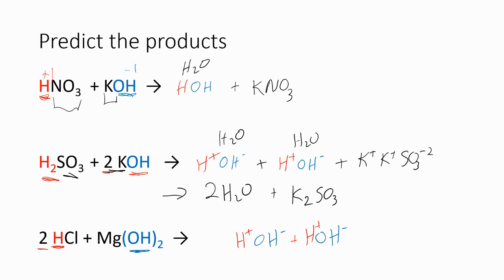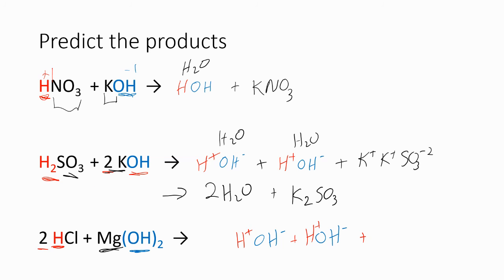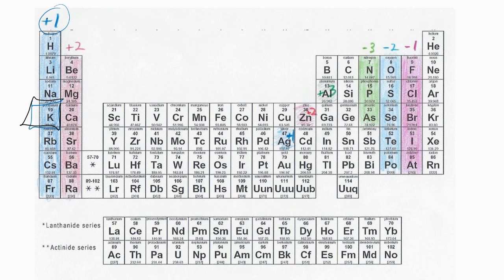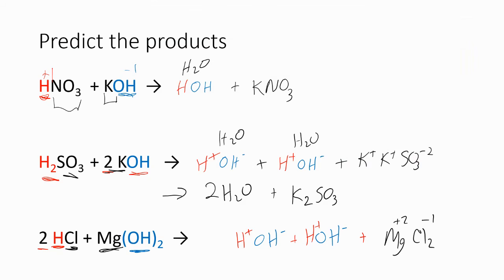and then also the magnesium is going to want to get together with the chlorides, and there's two chlorides. And again, this makes sense if you look at the charges, because magnesium has that +2 charge and the chloride has that -1 charge, so it would take two chlorides to satisfy that magnesium.